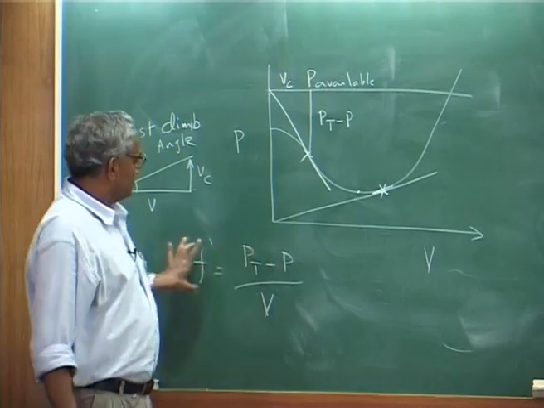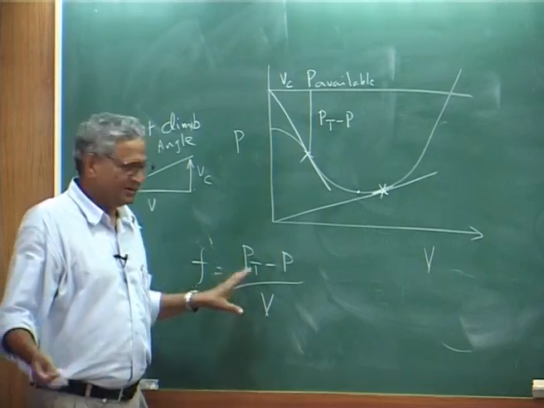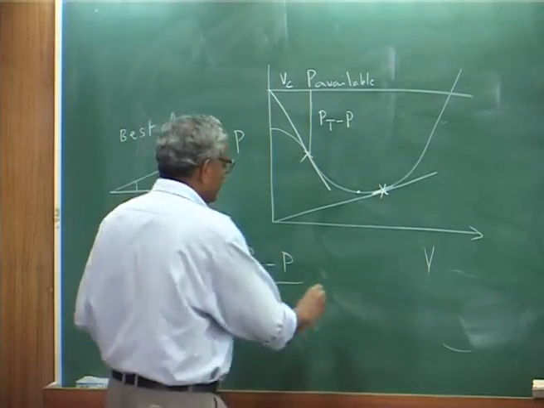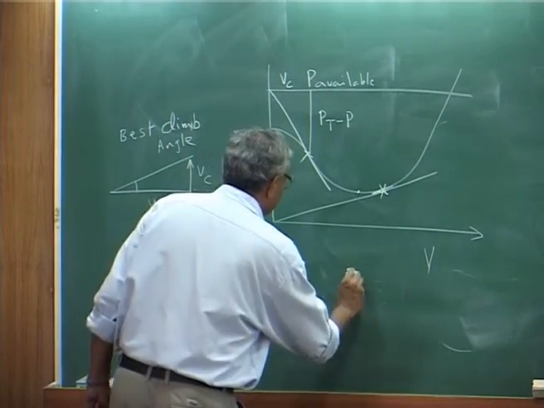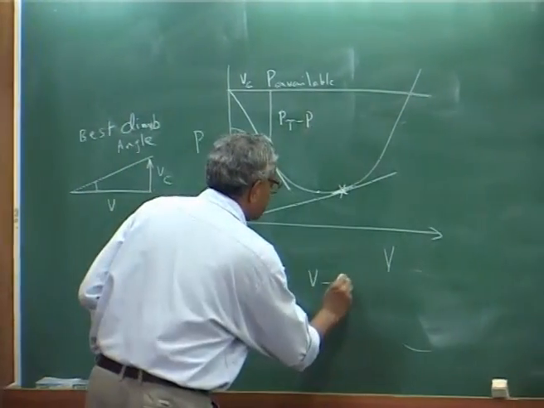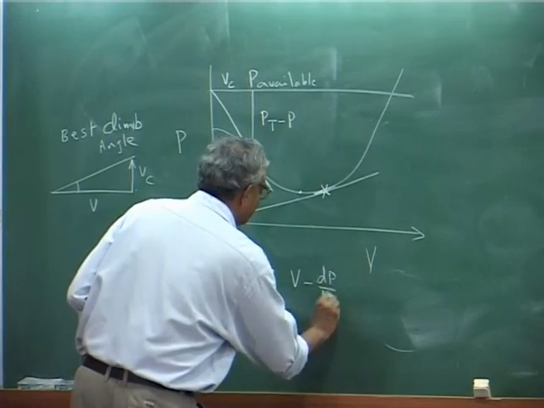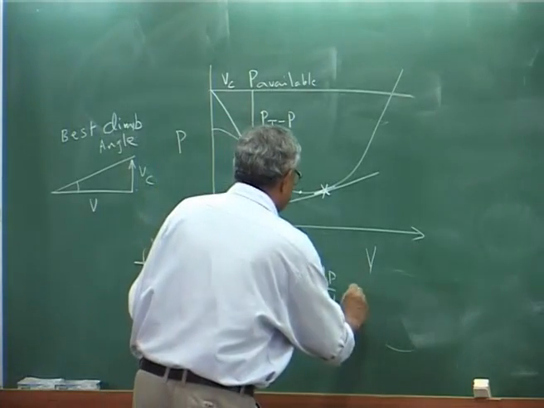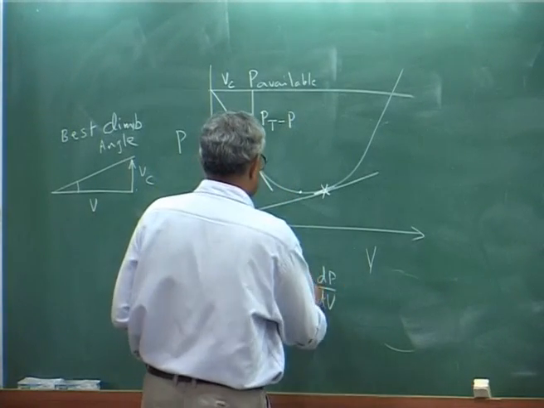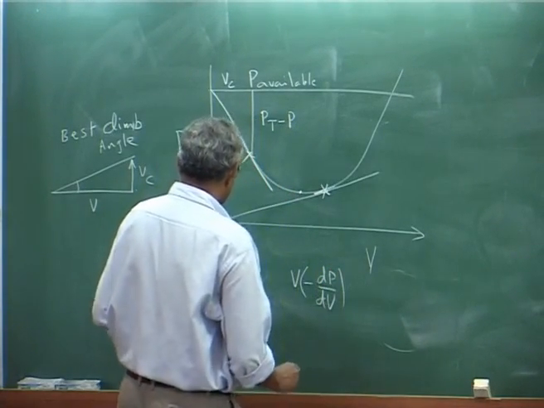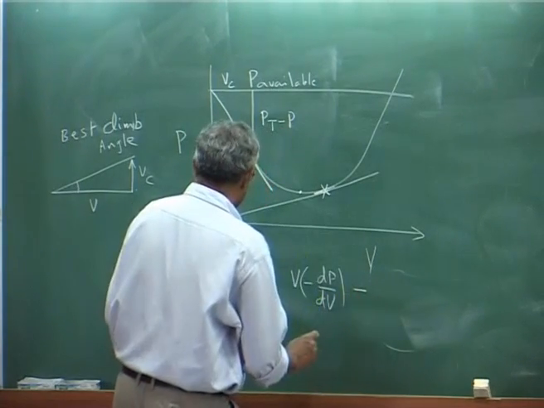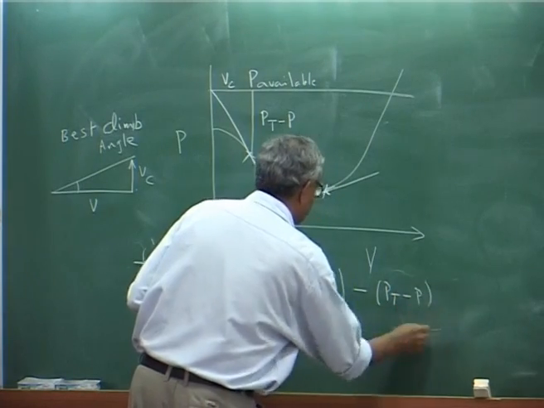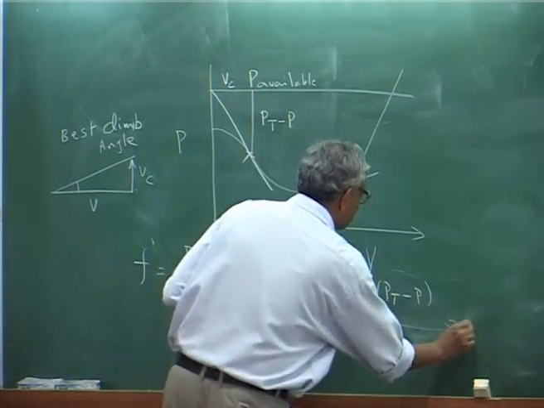If you want to maximize, what will you do? V du minus u dv. When you do that, you will have V minus dP by dV, because power is a function of velocity, power available is fixed. Then V du minus u dv, that is into Pt minus P over this, you set it 0.